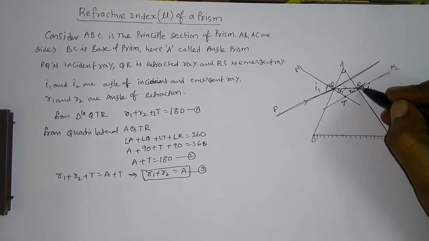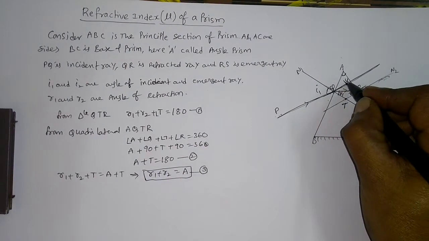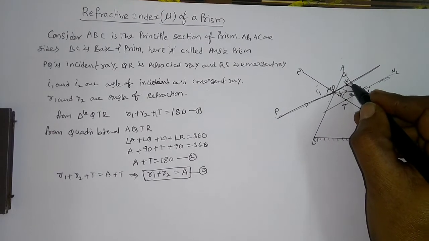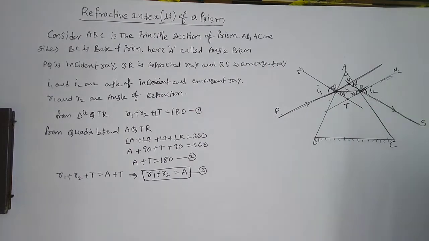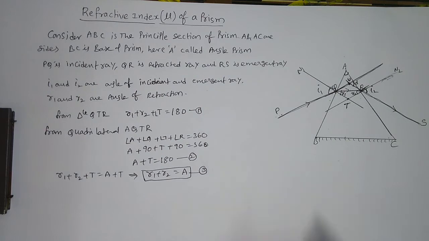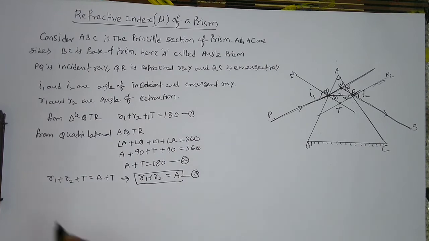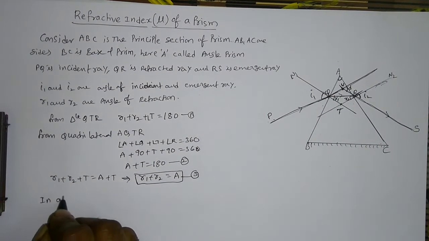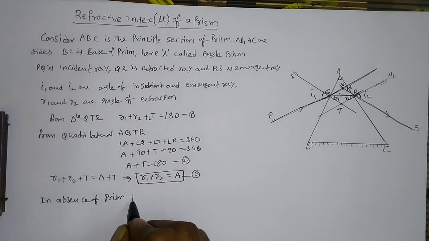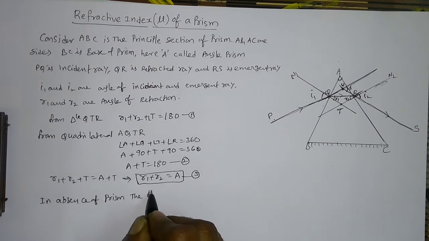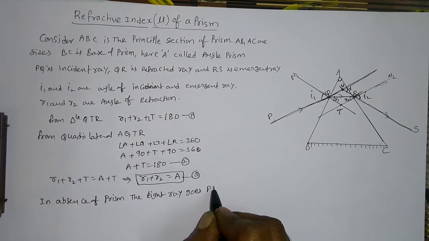Now, if you extend this emergent ray like this, here P, Q, R, S, T, U, let us say, this extension will give the angle of deviation, which we can call angle of deviation D. So this path will be the PQU path. We can write here, in absence of prism, the light ray goes PQU path.